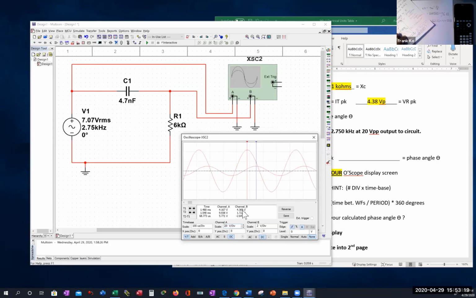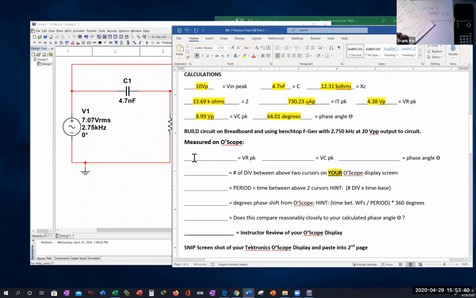That's even more accurate than my approximation. So let's go with that because that's measured on the oscilloscope, 4.369. Does everybody see that number right here on the MultiSIM? Give me a yes or no. Yes. Okay, so 4.369.